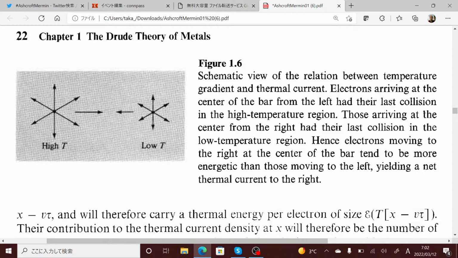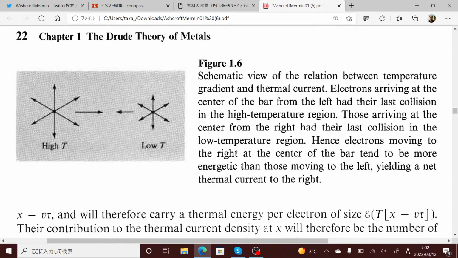Electrons arriving at the center of the bar from the left had their last collision in the high temperature region.